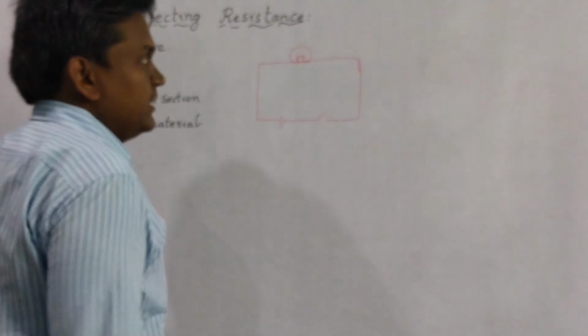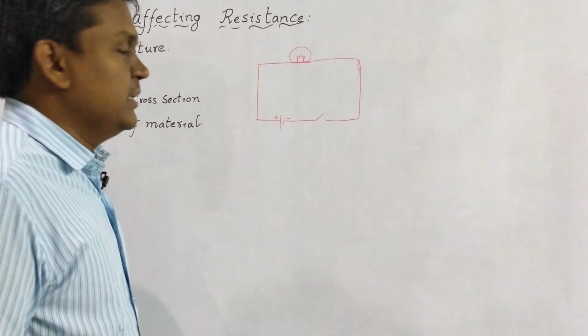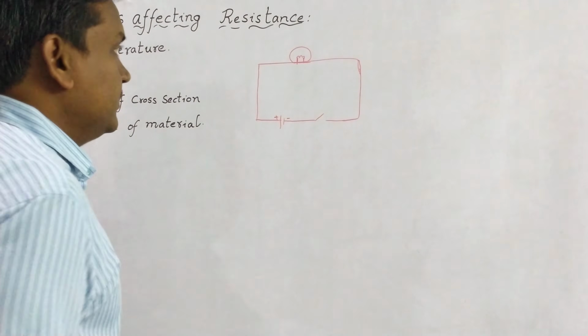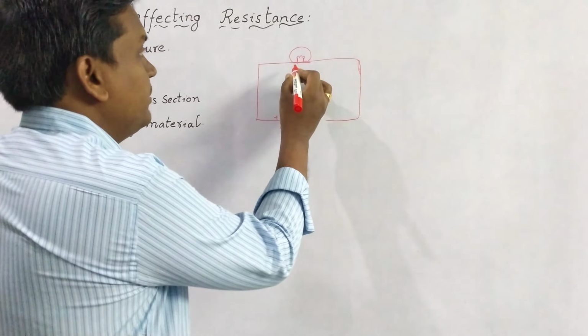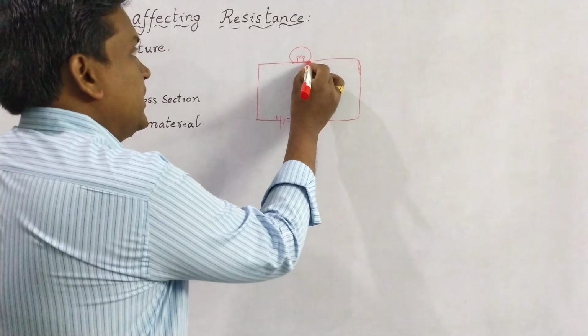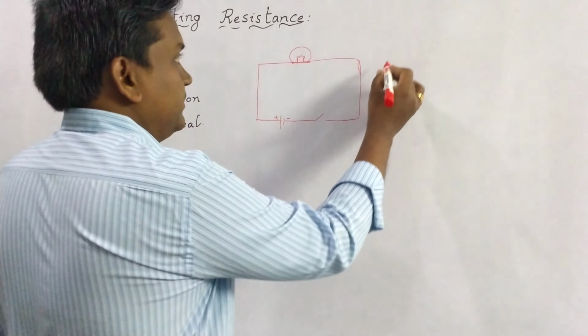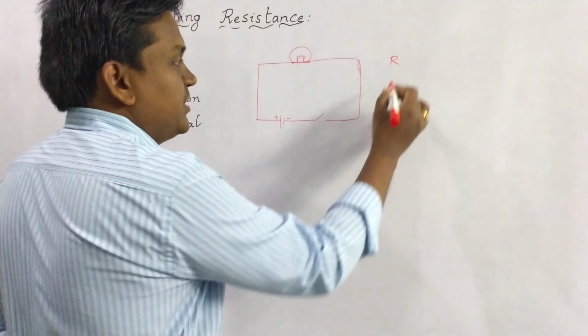The bulb is connected in the simple circuit. This is the positive terminal and this is the negative terminal of the cell. First we will measure the resistance of the bulb.